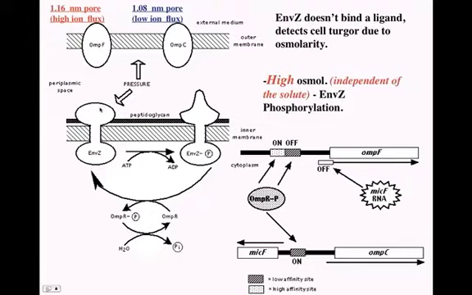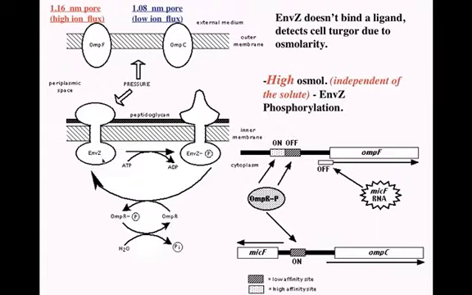Then when solute concentrations are low, as in a freshwater environment, ONZ has this alternative conformation. In that low solute concentration, reflective of E. coli being in a water environment, the kinase activity of ONZ is minimized. Not eliminated, not stopped, but minimized.